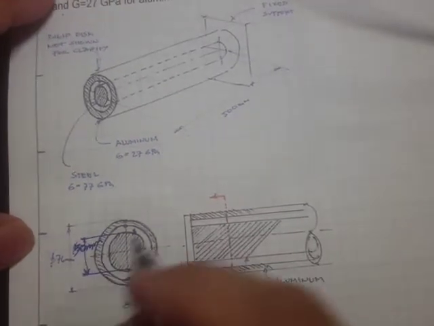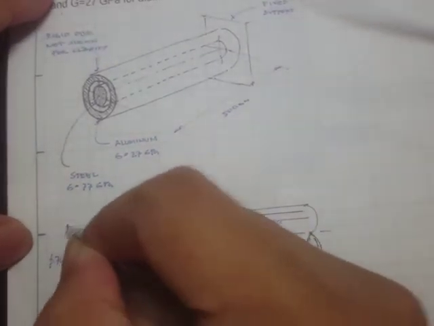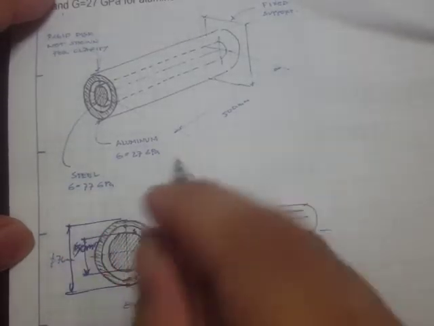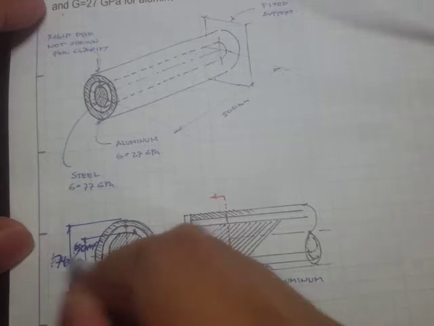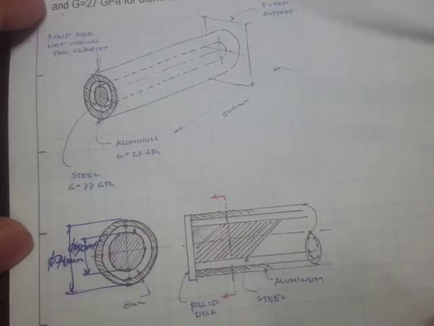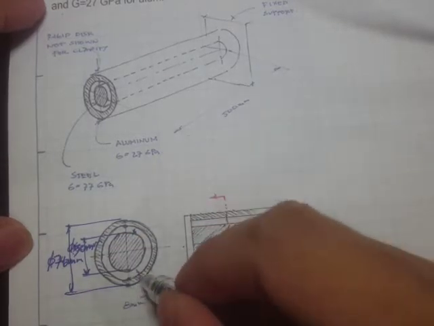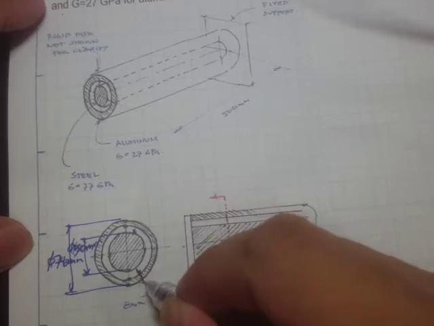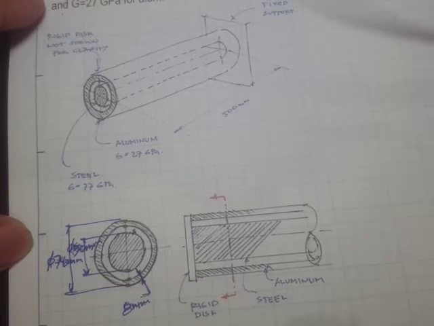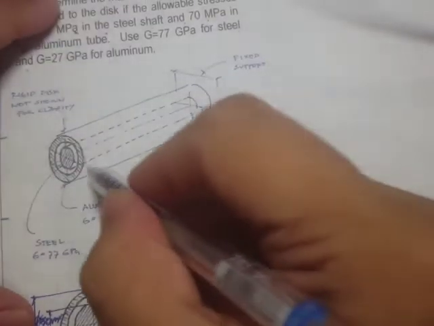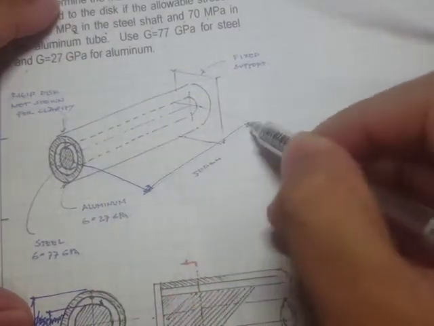Right here, that's 50 mm, and for the aluminum tube, this is 76 mm. That's the diameter. And the thickness of this aluminum tube is 8 mm. The total length is 500 mm.